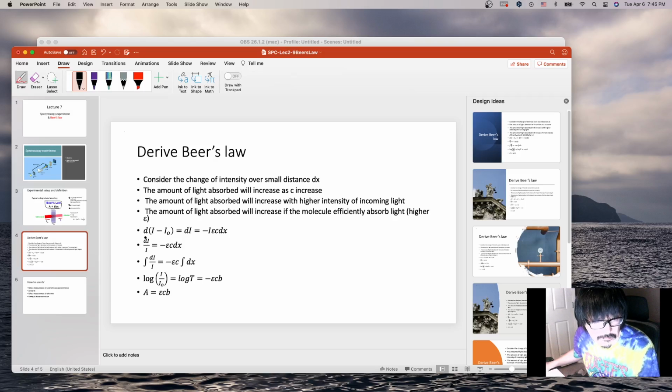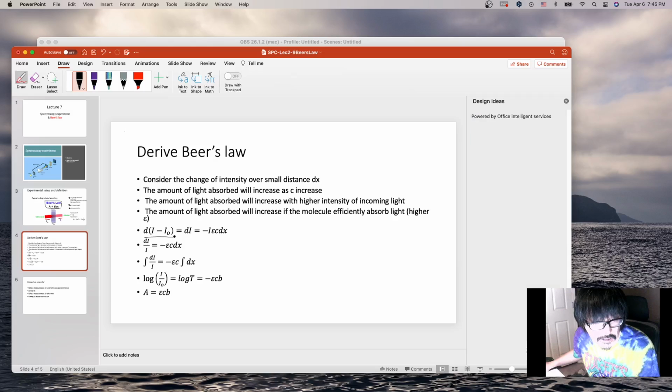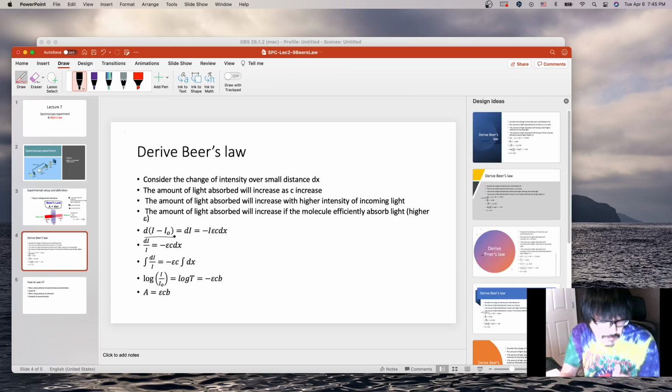And that's this one right here, the change of intensity of light. It might remind you that this is final state minus initial state. So the final state is the amount of light that passes through, and the initial state is the amount of light going in. That's I naught, right? And that's dI. So the change is going to be a negative value, right?